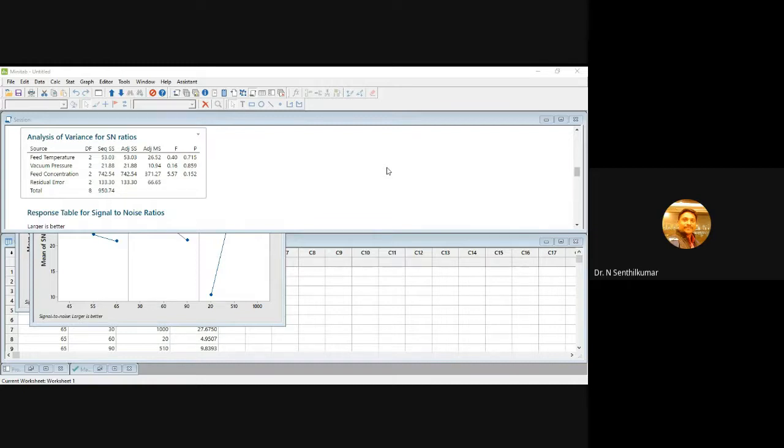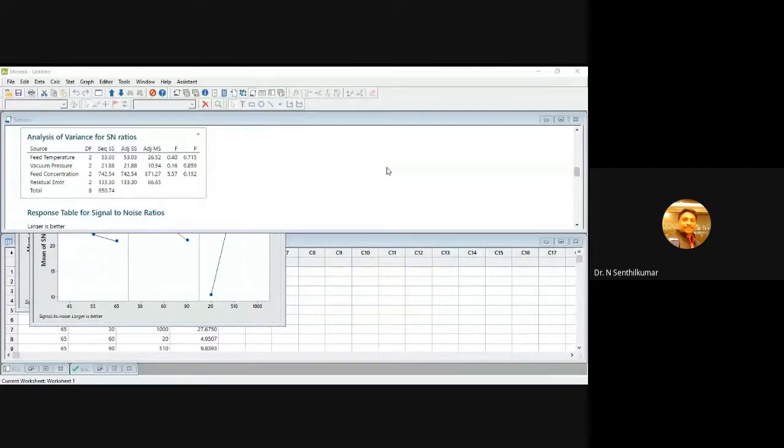But for feed concentration, it is 742.54 divided by 950.74 into 100. So 78.1%. So the separation factor is influenced 78% by the feed concentration alone.